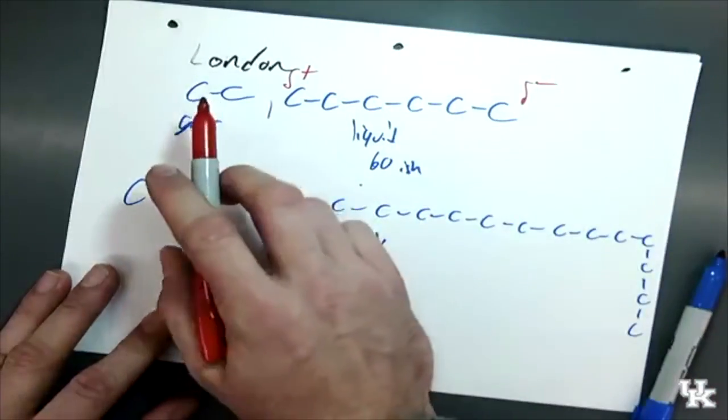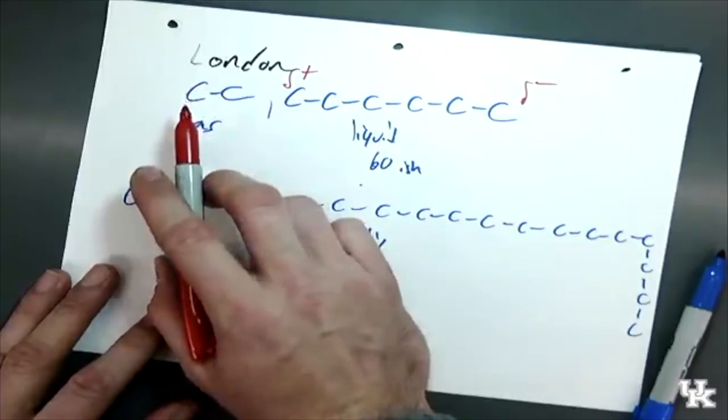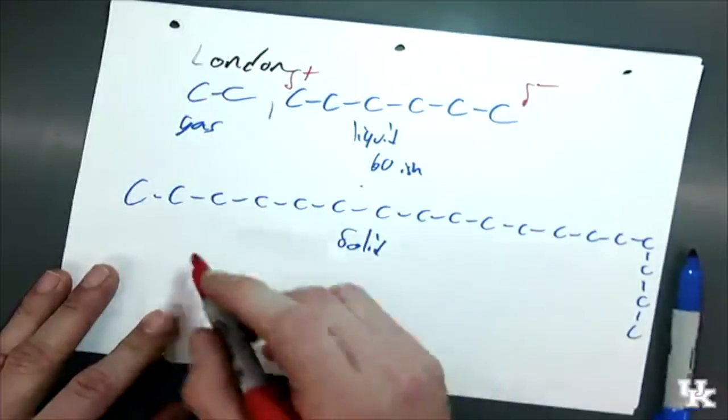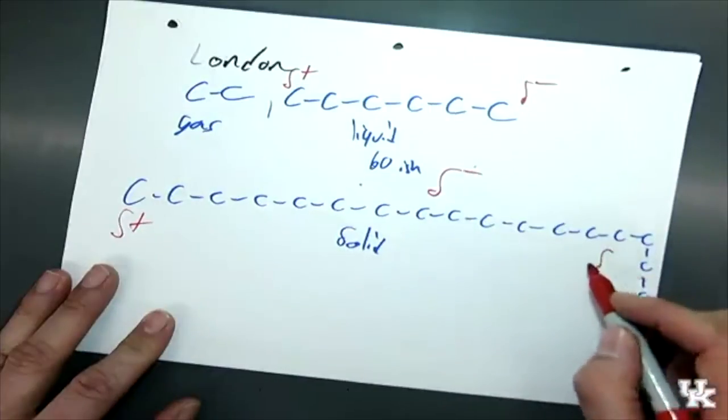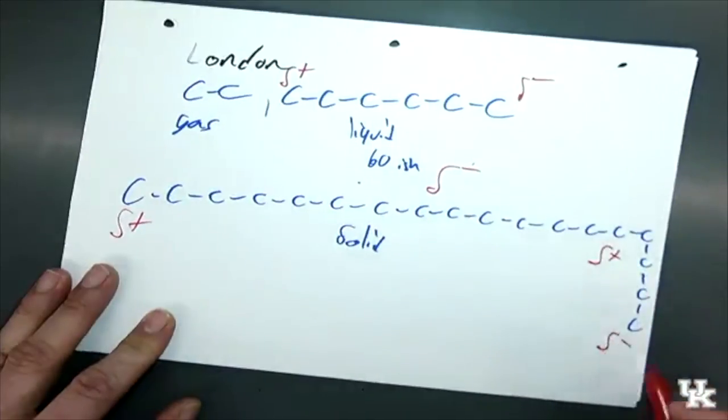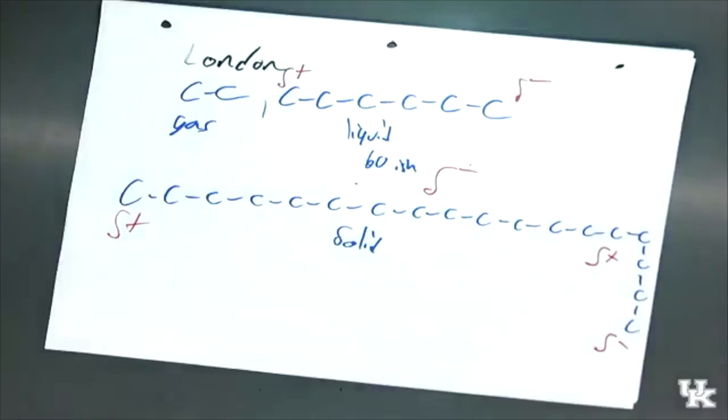With ethane, it's not easy because there's only two, but in the C18 molecule, you could just make some weird partial charges and it wouldn't be felt across the whole molecule. And that's the idea of London dispersion forces.